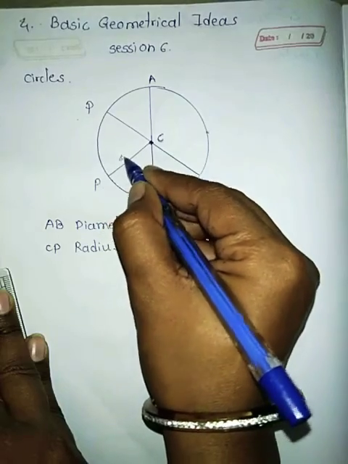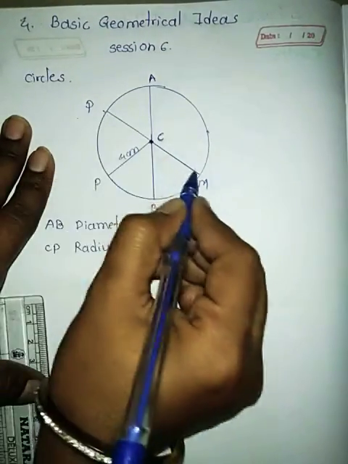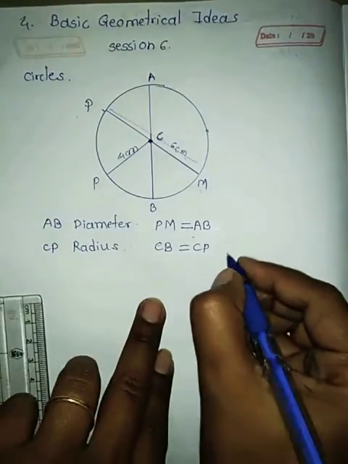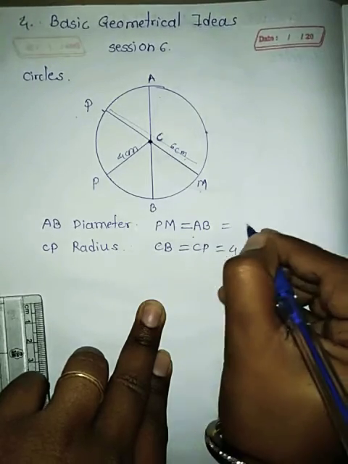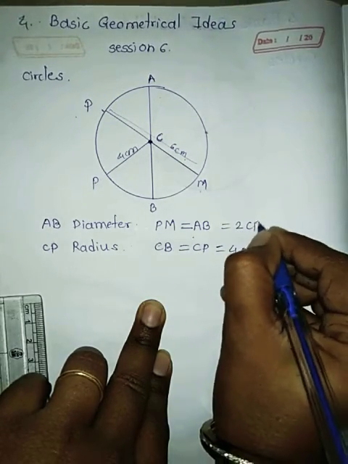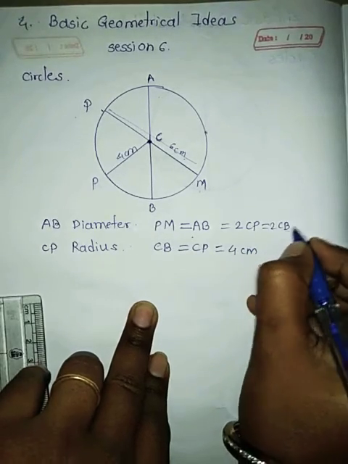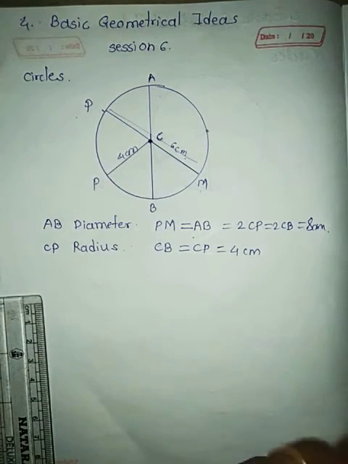Suppose this is 4 centimeters, then diameter AB will be 2 into CP or 2 into CB, that is nothing but 8 centimeters.